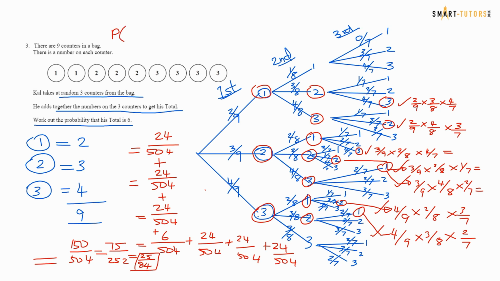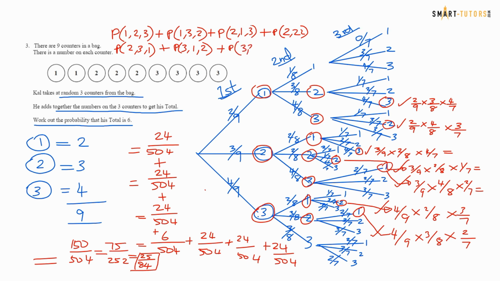The probability of 1, 2, 3 adding up to 6, plus 1, 3, 2, plus 2, 1, 3, plus 2, 2, 2, plus 2, 3, 1, plus 3, 1, 2, plus 3, 2, 1.